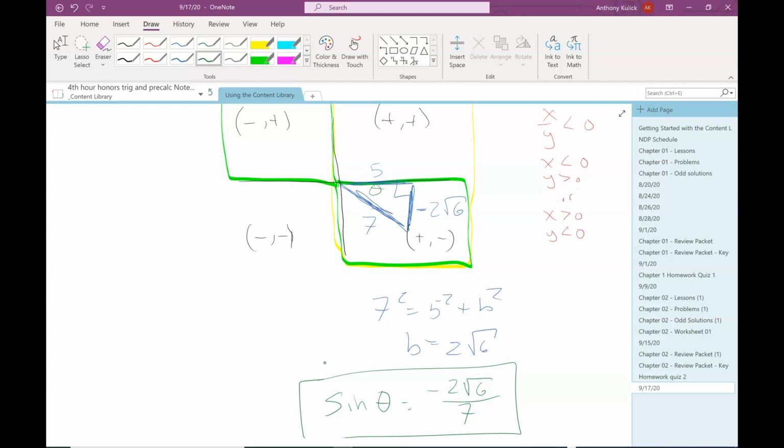Something I'd like you to keep in mind when you try the last of this homework set is moving fluidly between these definitions. That is the most important skill from this first chapter, being able to translate back and forth between these different definitions. It makes life so much easier going forward if you're able to do that.